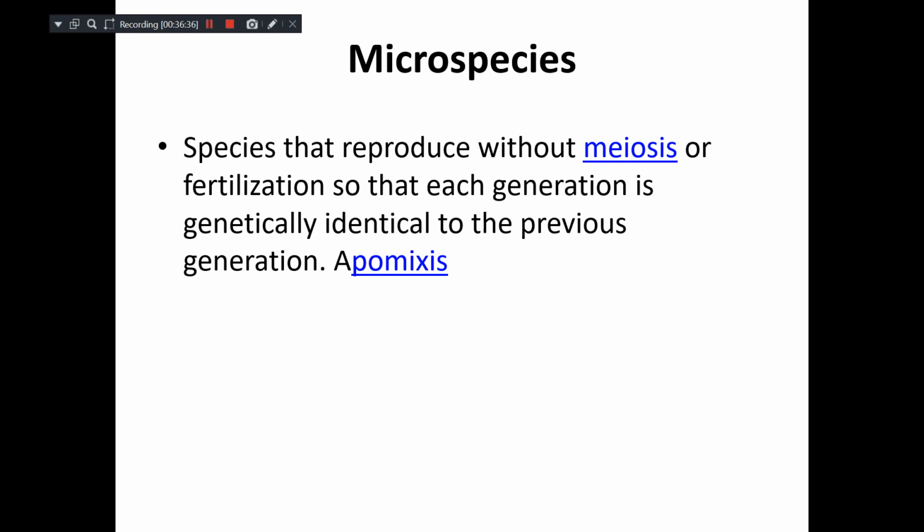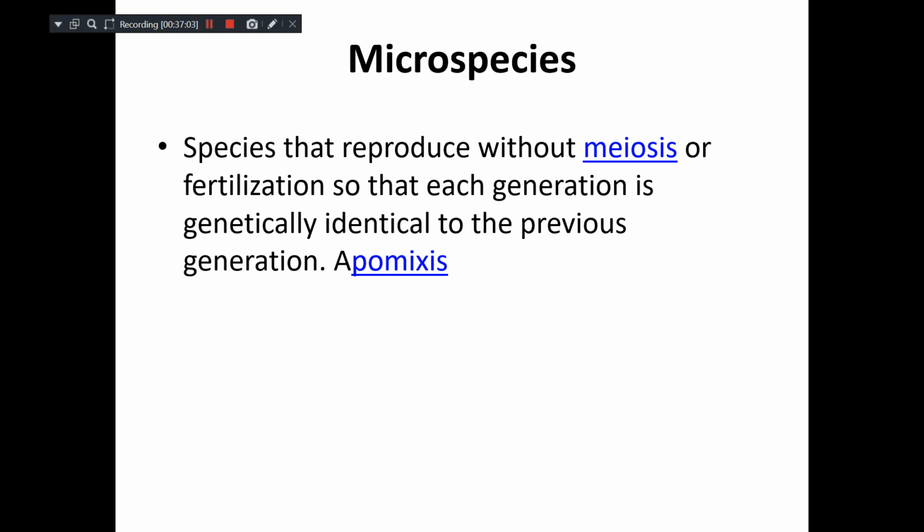Then the microspecies, very difficult to define. The species which reproduce without meiosis. All of you know the meiosis is for sexual reproduction.